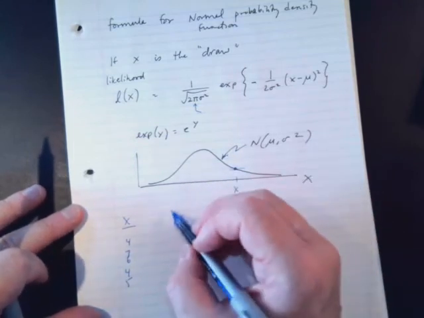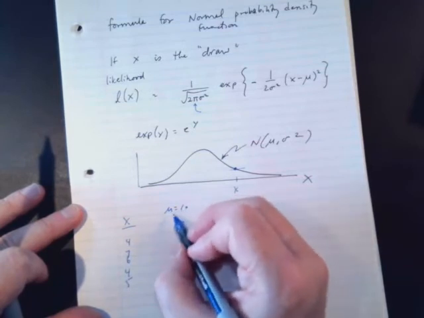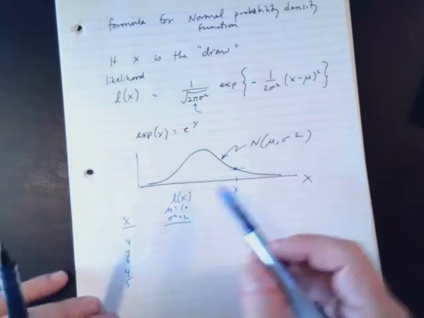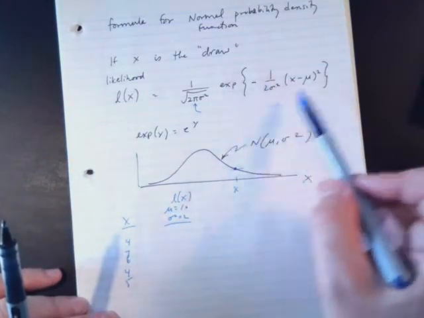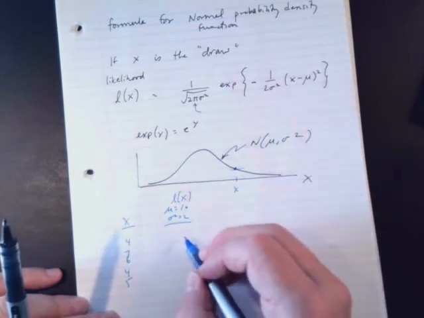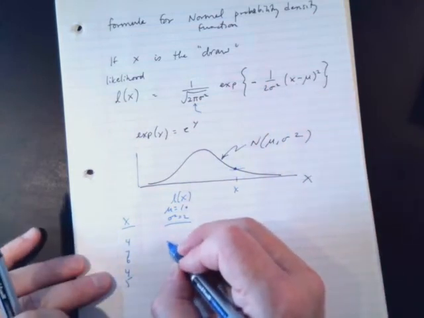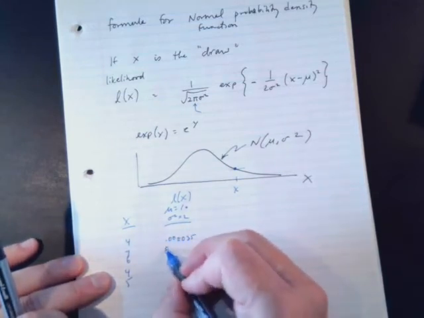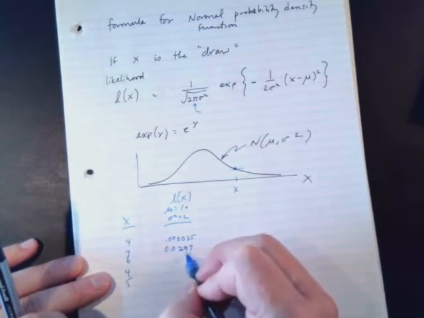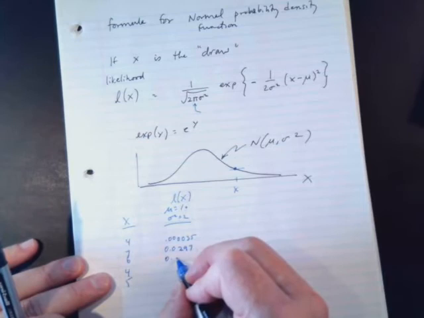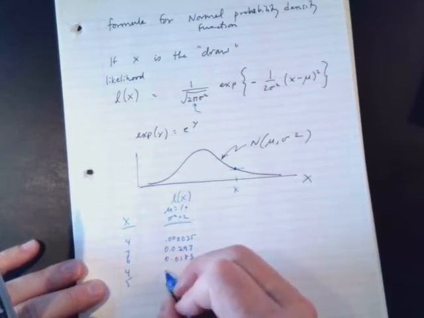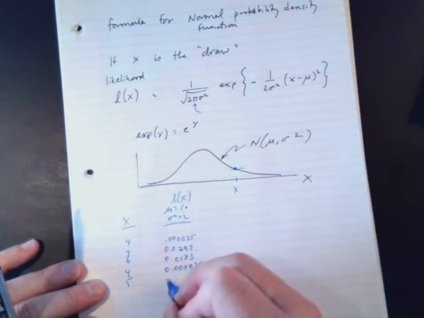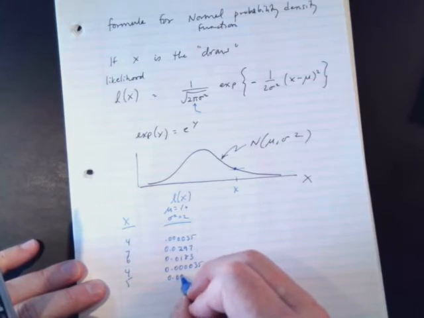If we have mu equals 10 and sigma squared equals 2, then we can calculate the likelihood value by plugging x in, and in this case it's 0.000035, a very small number, 0.0297. I had a computer do these, 0.0183, 0.000035, and this one is 0.0019.